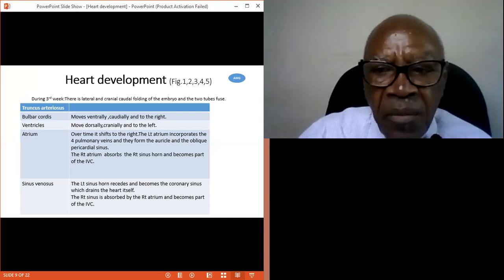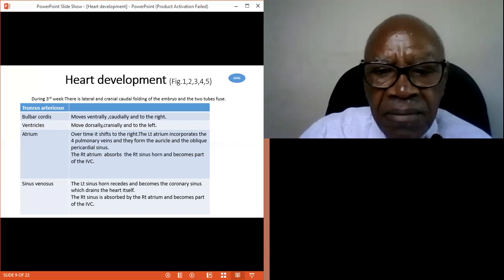The left atrium incorporates the 4 pulmonary veins, and they form the auricle and the oblique pericardial sinus. The right atrium absorbs the right sinus horn and they form part of the inferior vena cava.